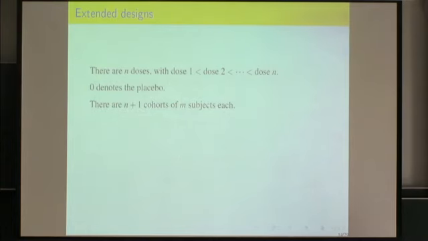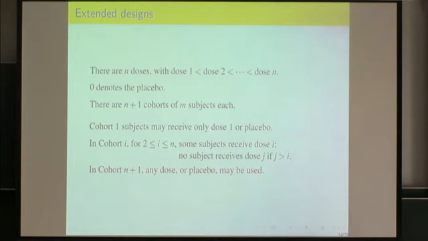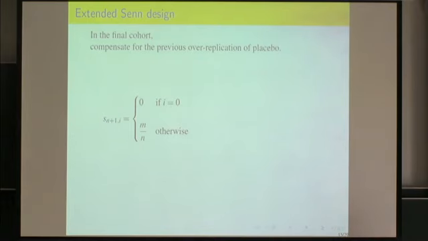So, what do I mean by an extended design? This slide looks very similar to what I had before, except that the number of cohorts is now one more than the number of doses. The rules are the same, apart from the last cohort, and the rule in the last cohort is you can put in anything you like. I didn't bother to try extending the textbook design because it's so bad.